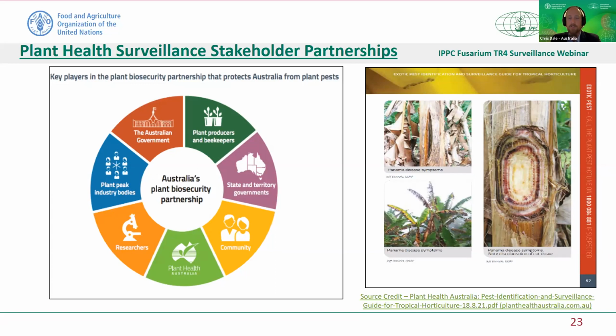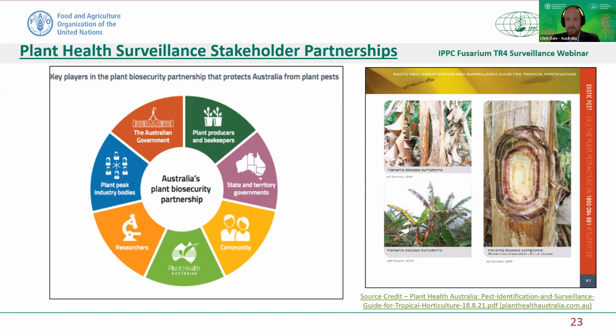There's also the producers and the growers. We have our jurisdictional state and territory governments that do a lot of the actual on the ground and technical work, as we've seen with our Queensland members of the technical working group. The community is also very important. We might have organisations or advocacy groups that pull all of those key groups together, and Plant Health Australia is the group in Australia that we draw on for that.